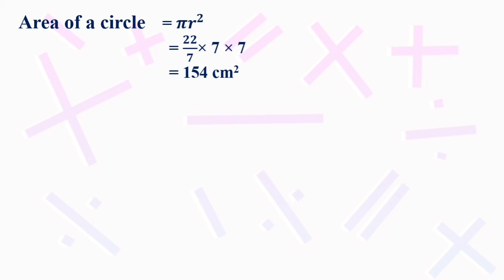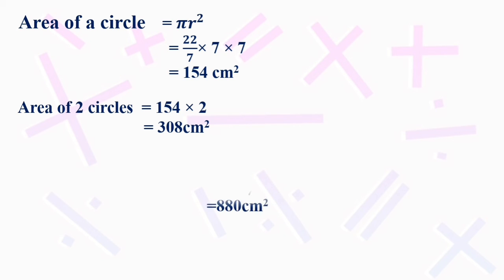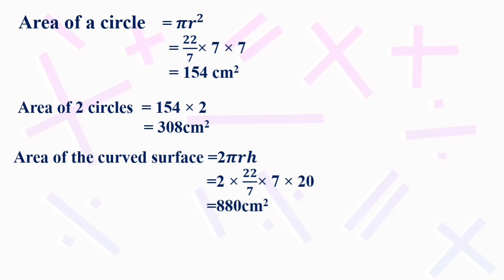Then there are 2 circles in here. First of all, I have found one circle. Area of a circle is π r squared. Then I have substituted the correct values and I have gained the answer as 154 square centimeters. As there are 2 circles, then we have to multiply it by 2. And the area of the curved surface we have to find out using 2πrh, which I have given to you previously.